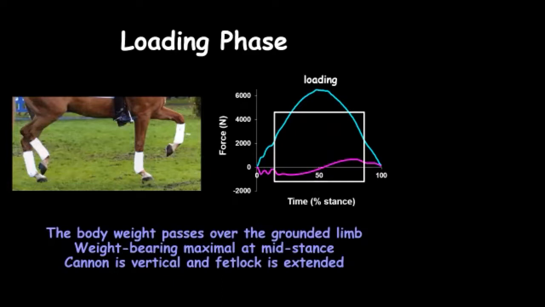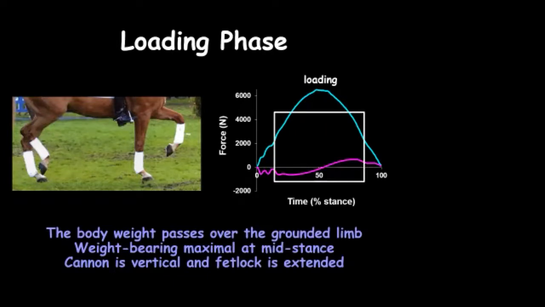So the hoof is on the ground, the limb is rotating from a protracted position to a more retracted position, and the horse's body weight is passing over the hoof as the limb rotates.